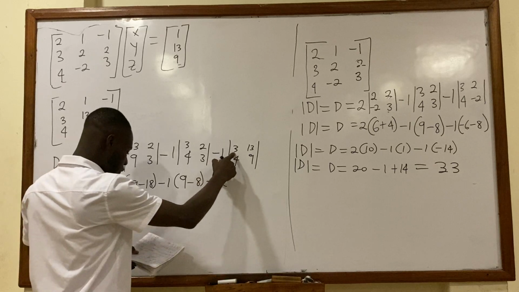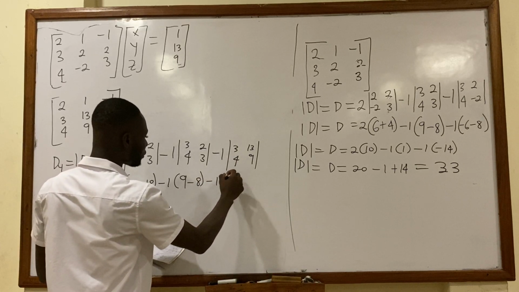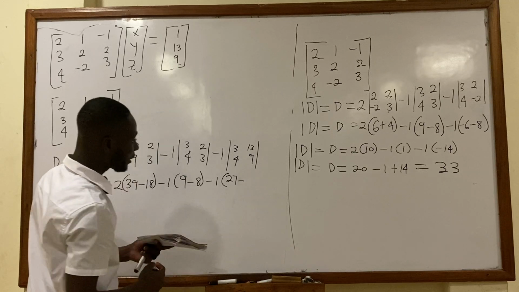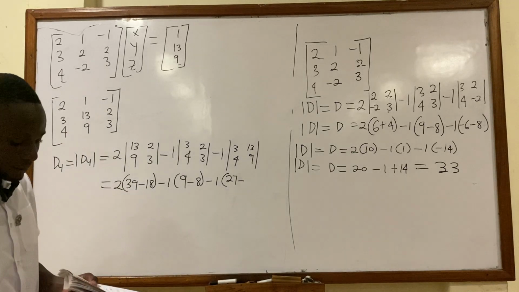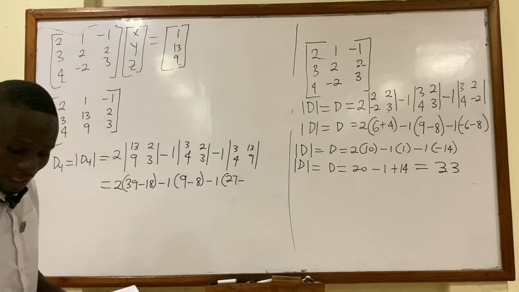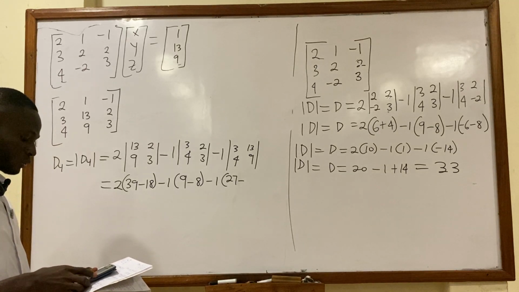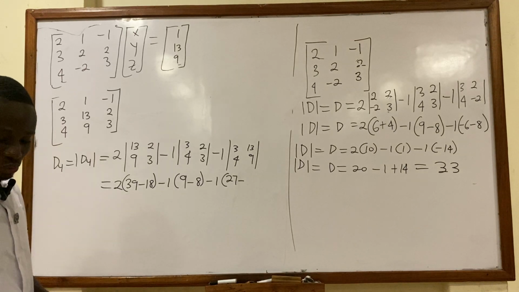minus this will also give us 27, minus 13 times 4, which is 52.